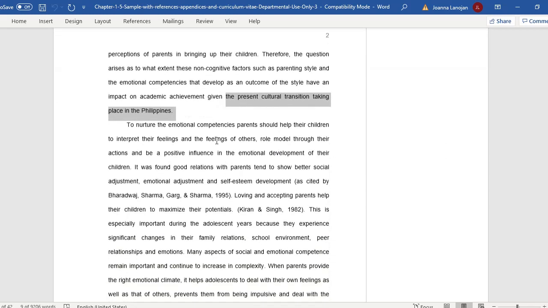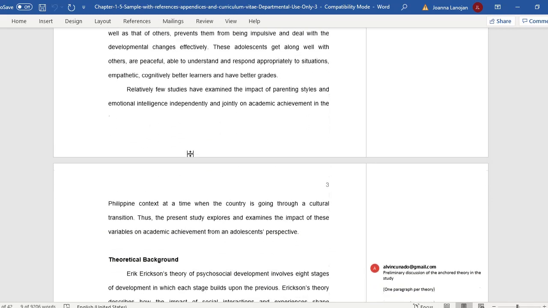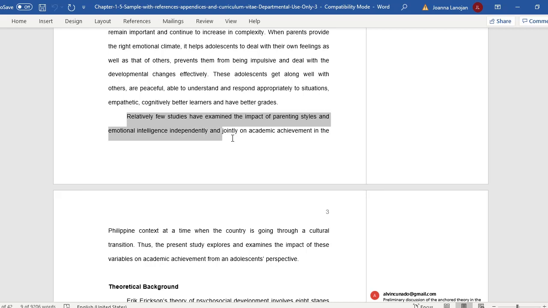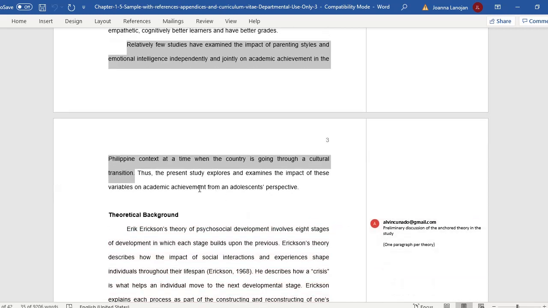Then: relatively few studies have examined the impact of parenting styles and emotional intelligence independently and jointly on academic achievement in the Philippine context at a time when the country is going through a cultural transition.